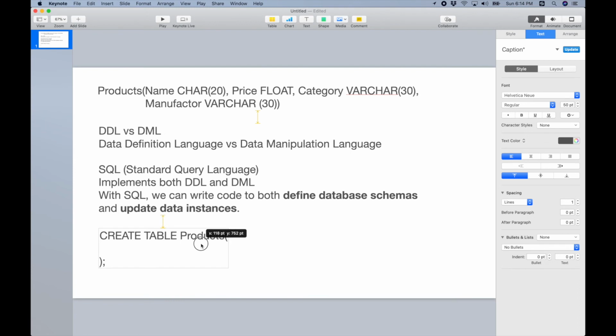The first attribute is name, and its type is char 20. We have a comma here. The second attribute is the price. The third one is category, a varchar 30. And the last one is the manufacturer, varchar 30 as well.